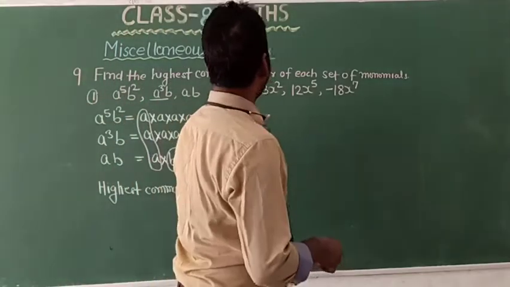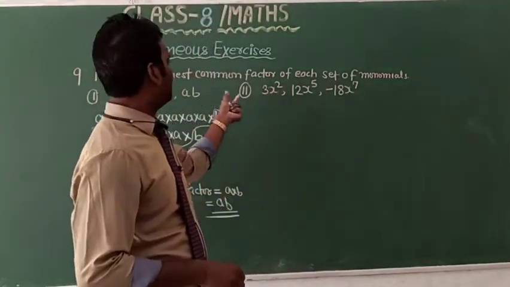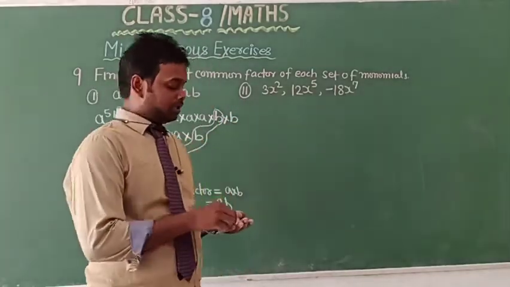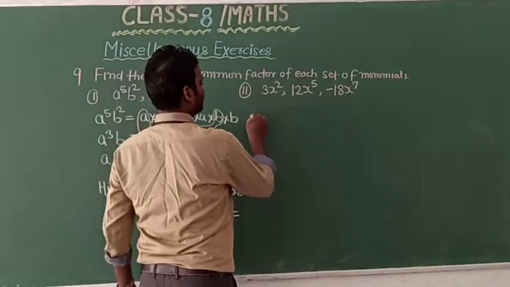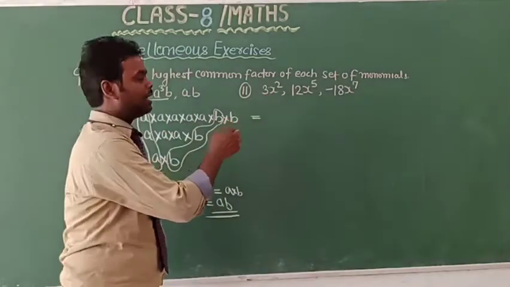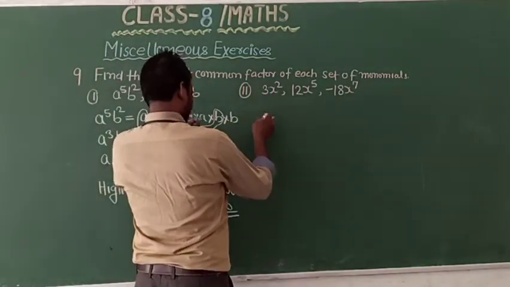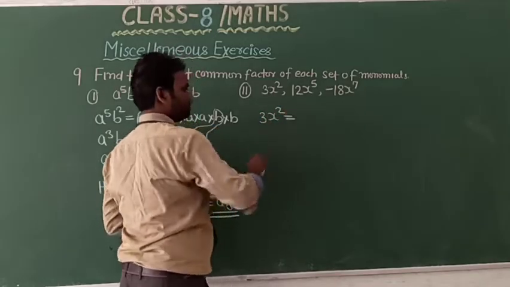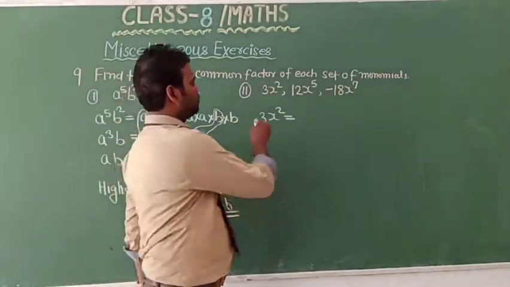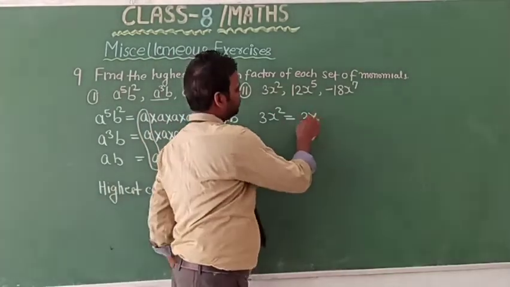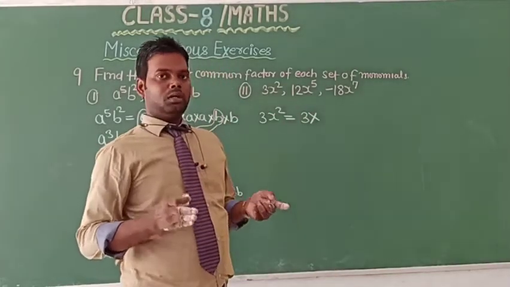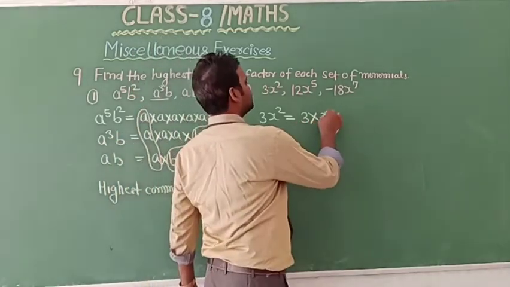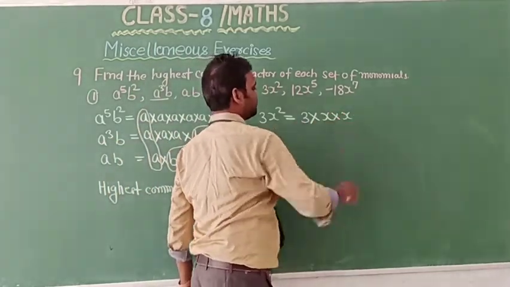Now move to the second part. Also find the highest common factor of each set of monomials. Here the first monomial is 3x square, which can be written as the product of 3 into x into x.